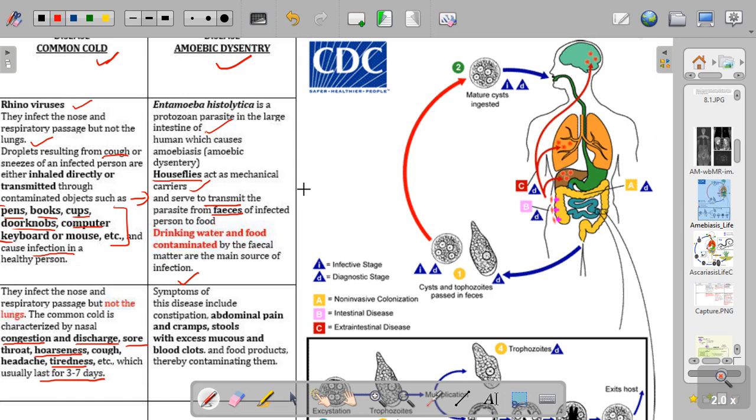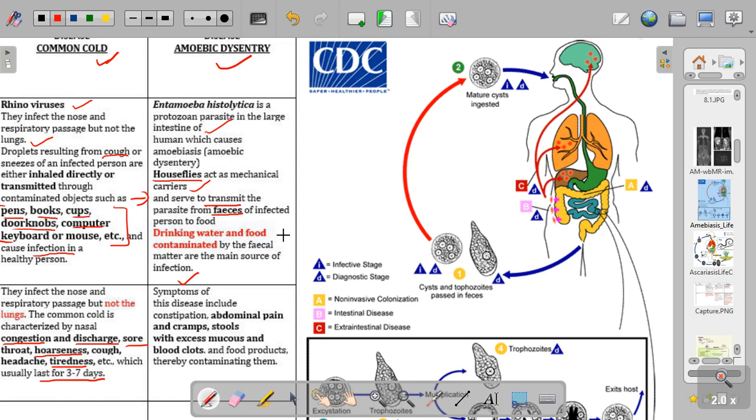Houseflies can settle on that feces, and if it contains Entamoeba histolytica, the housefly can carry it to regular houses and leave it directly onto the food. That's why the health ministry and the government encourage people not to excrete outside the houses.